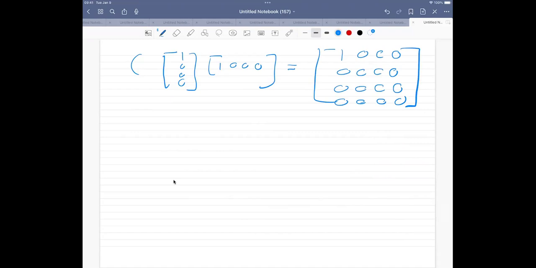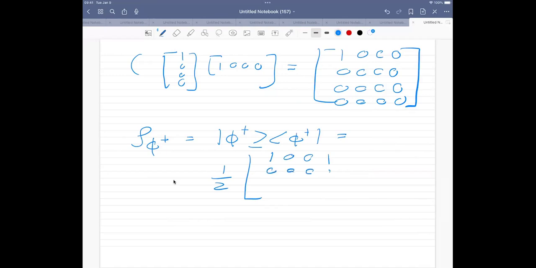And if I do all the outer products correctly, what I'm going to get is that this density matrix of phi plus is going to be equal to 1/2 times the matrix with rows 1, 0, 0, 1; 0, 0, 0, 0; 0, 0, 0, 0; 1, 0, 0, 1.